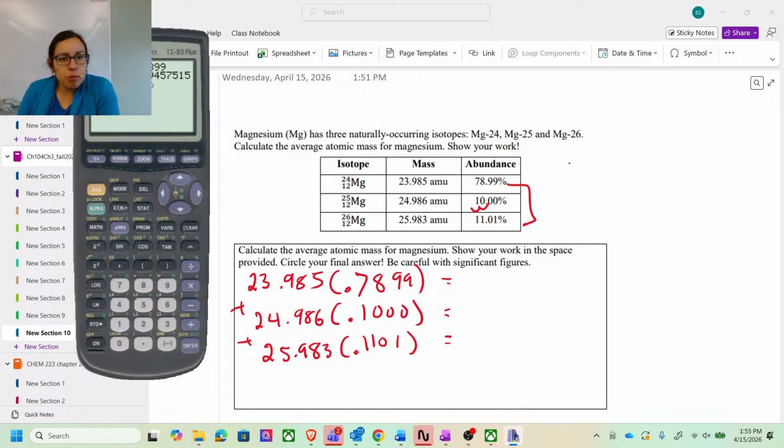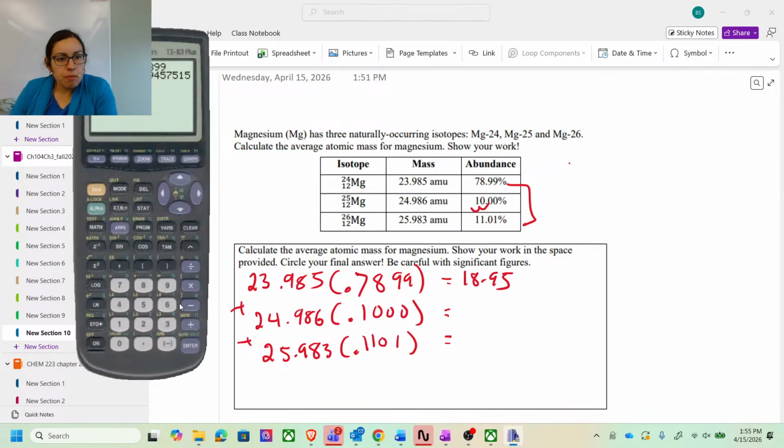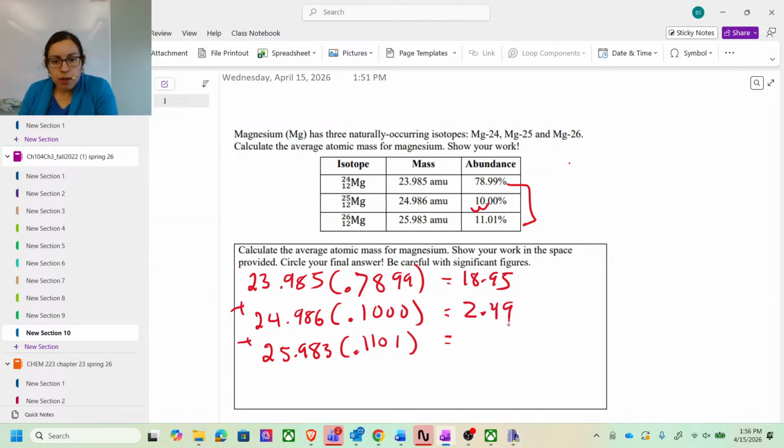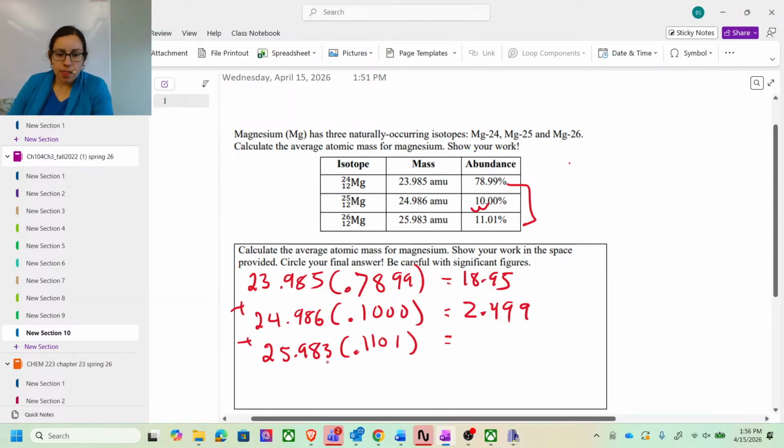So that'd be 18.95 for rounding. Then keep going: 24.986 times 0.1. I'll leave the zeros off, but we know we still need to report to 4. So 1, 2, 3, I'll round that to 9. So 2.499.